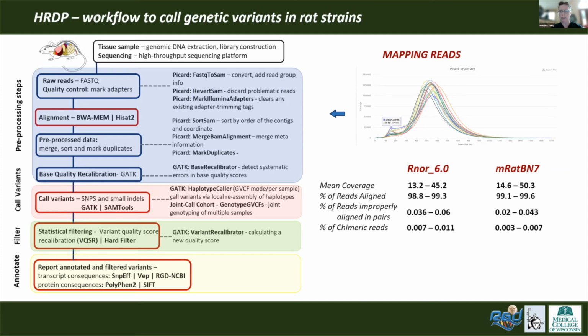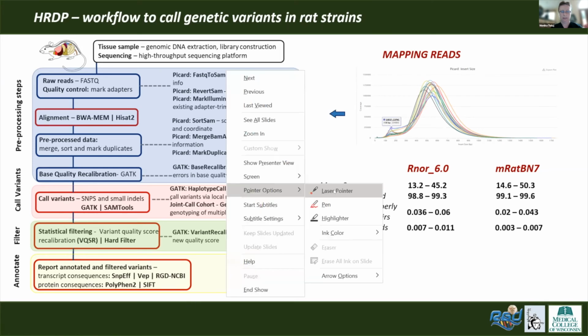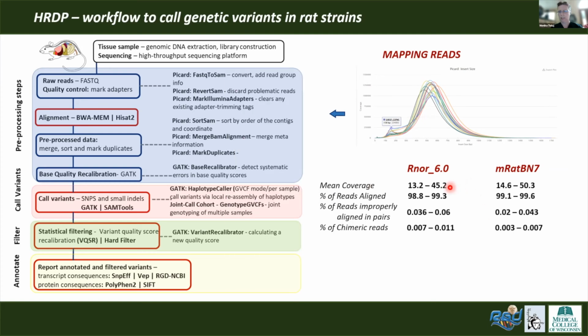We can see that there is a nice improvement in coverage with the new reference. Still, there are some improperly realigned pairs of reads and chimeric reads, but nothing really serious or important.